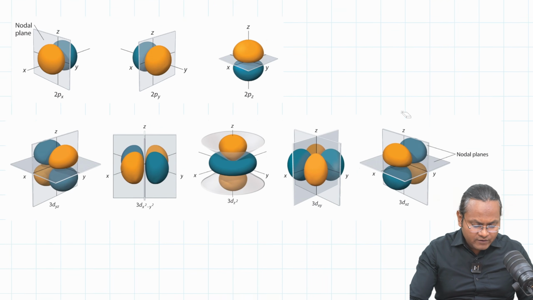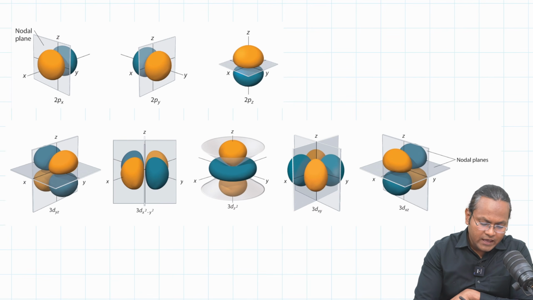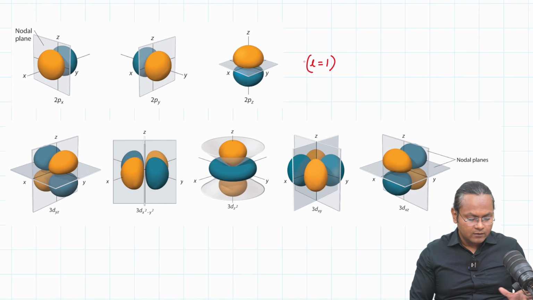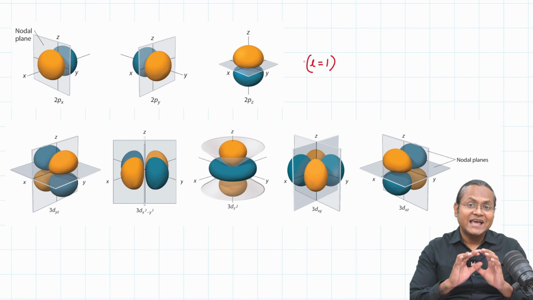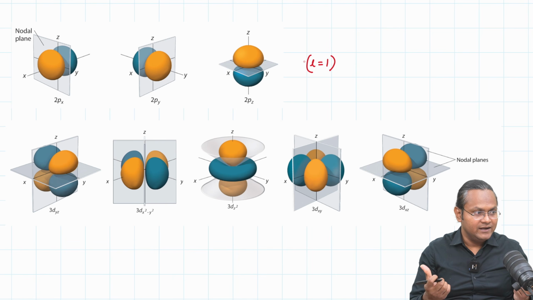Whenever we have L equal to 1, if you compare these diagrams, they are ultimately the result of standing angular wave patterns on the surface of a sphere, whose magnitude squared is shown in the outward radial direction.